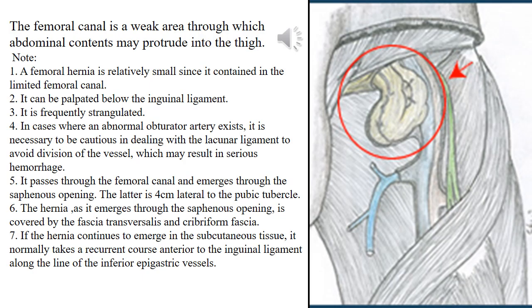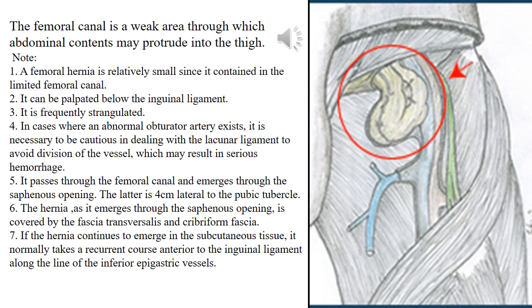The most important clinical aspect related to the femoral ring and femoral canal is the femoral hernia. Femoral hernia is the herniation of the abdominal contents into the upper part of the lower limb through a weak point, and that weak point is the femoral canal. It is an important clinical entity.